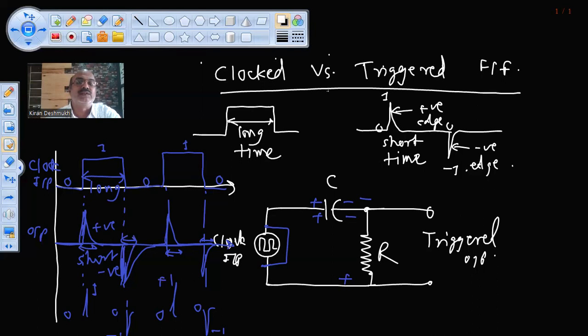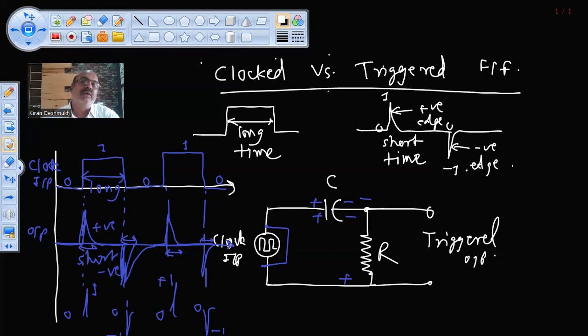They will toggle only once for every trigger. If Q is 0, it will become 1. In the next trigger, it will become 0. In the next trigger, it will become 1. So for every one trigger pulse, the Q and Q bar will change state. That is the advantage of the triggered flip-flop.